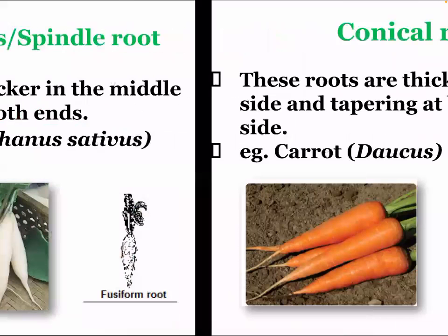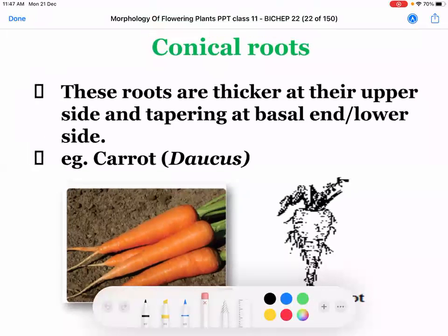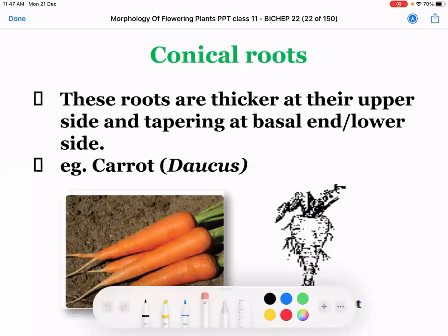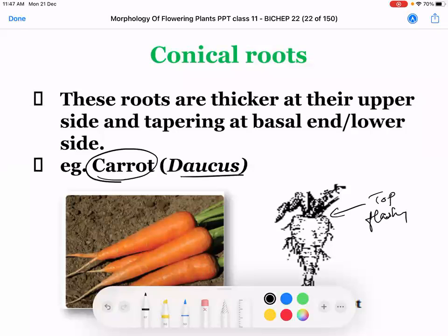This is the second example, conical root system, which is found generally in the carrot. So carrot is the example of it. Daucus is the scientific term, the genus of the carrot. Now, if you see, on the top, they are fleshy, and in the bottom, they are tapered.